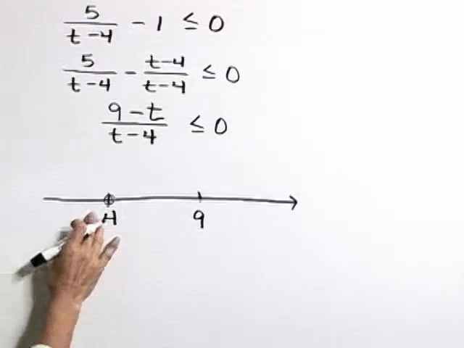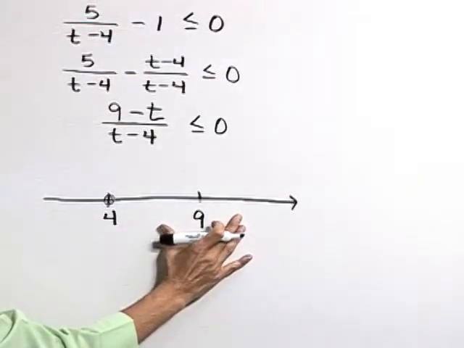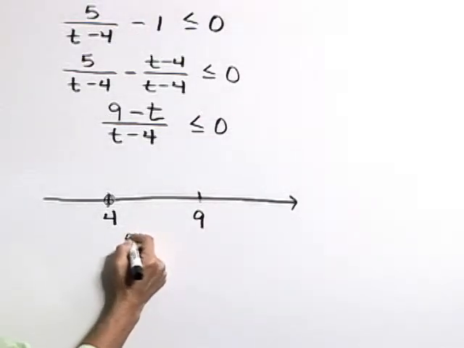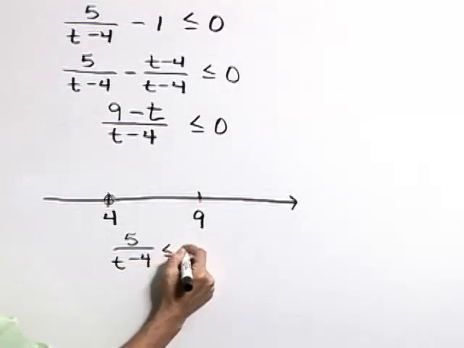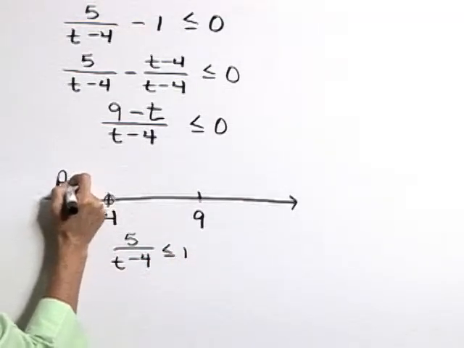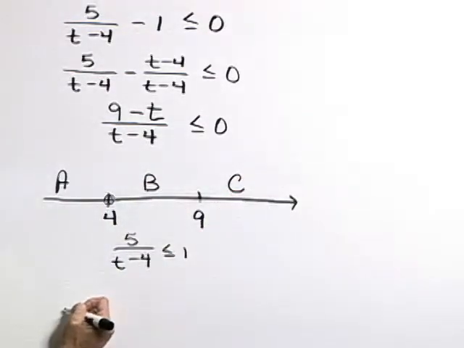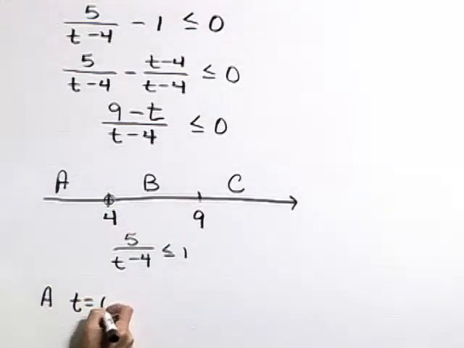Now, let's test a point from each of these intervals to see if that interval is going to satisfy our initial inequality, 5 over t minus 4 is less than or equal to 1. So we're going to test a point from A, from B, and from C. From A, I'm going to choose t equal 0.